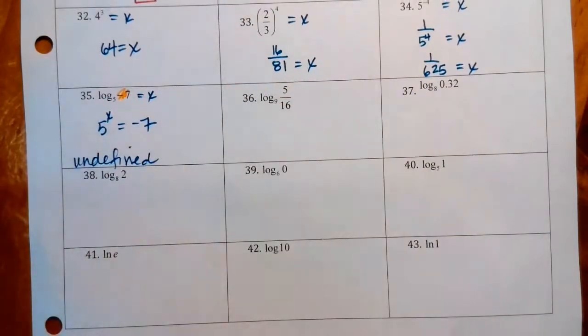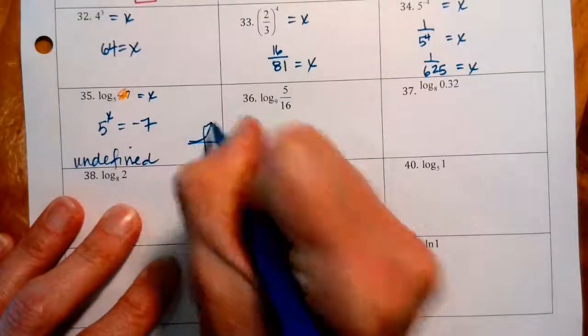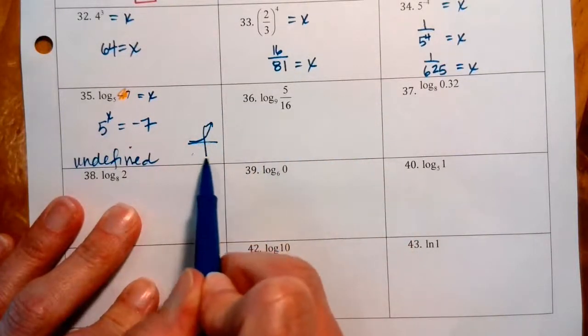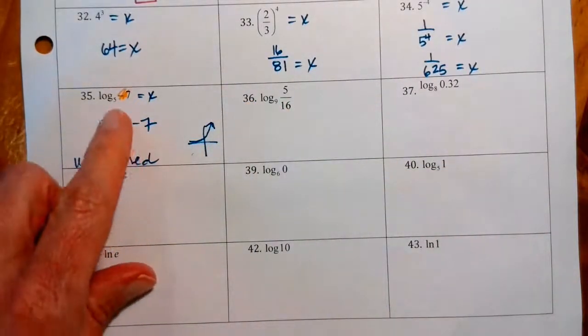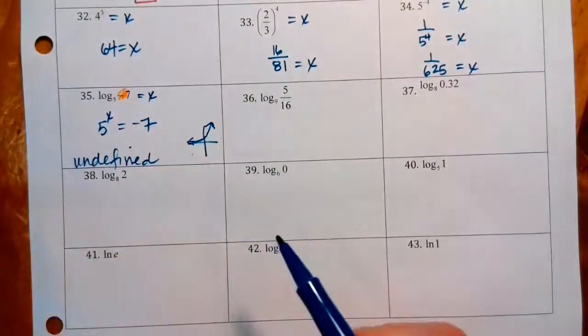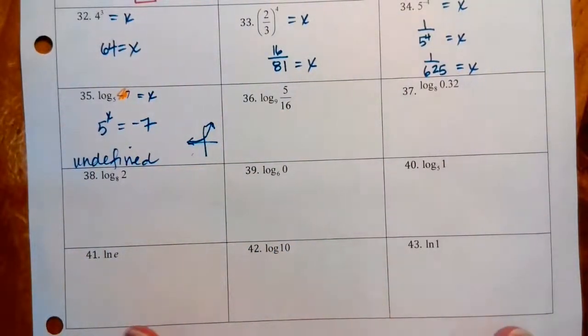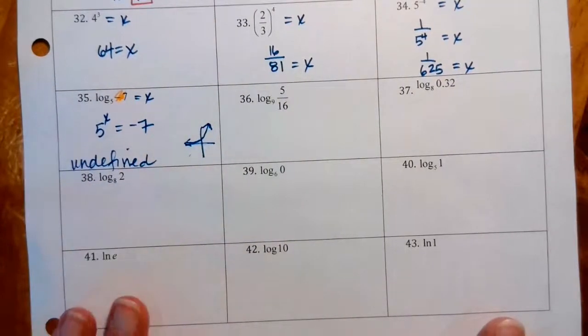I want you to think about something for our exponential graphs. Remember, they go like this, and we have this area down here where we don't have a negative outcome. A negative exponent gives us a fraction. So without any kind of transformation, my graph is not going to have a negative outcome, which means that's not possible. That's why it's undefined.